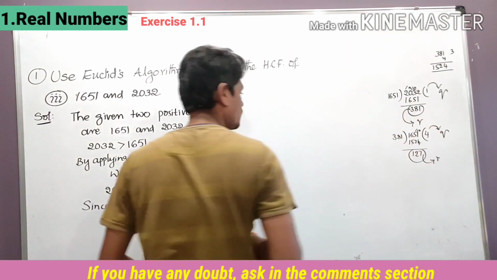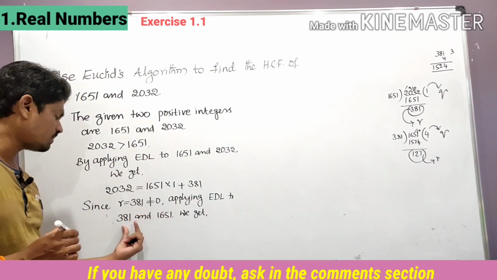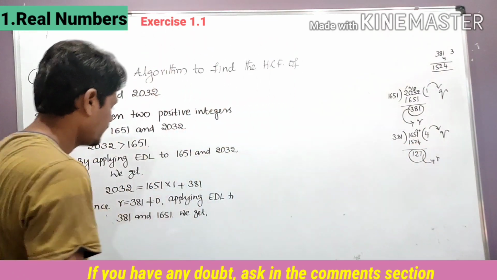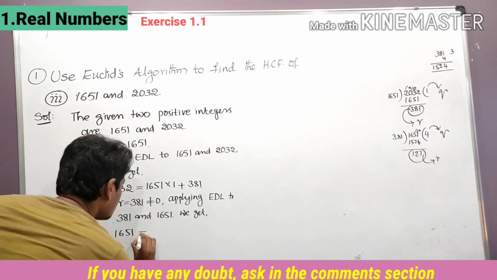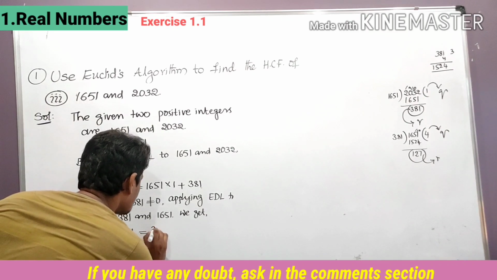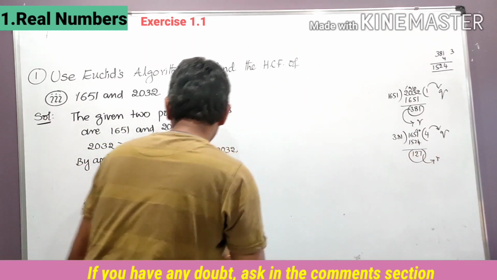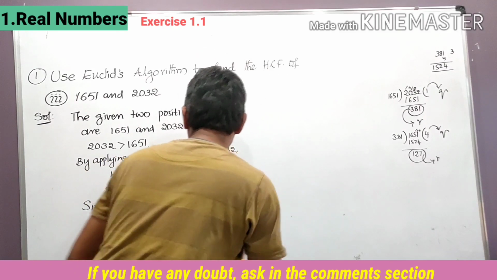Again we have to write in the form A is equal to B into Q plus R, but here A is equal to 1651, B is equal to 381, Q is equal to 4, R is equal to 127. So 1651 is equal to 381 into 4 plus 127, student.